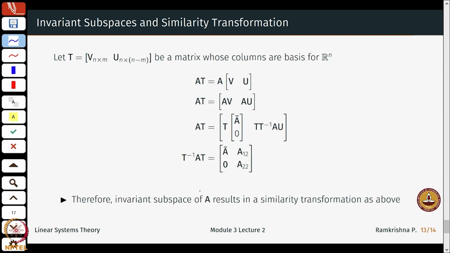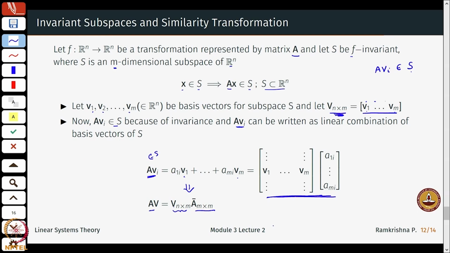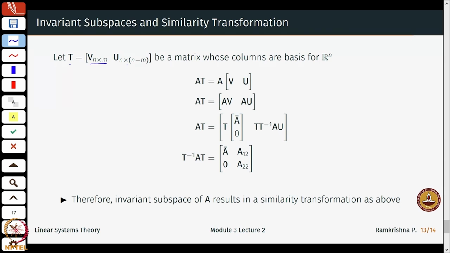Now, let me construct a matrix T whose first m columns are V1 till Vm, which form a basis for S. Let me write down some n minus m vectors, call them U1 till U(n minus m), in such a way that the matrix T has columns that form a basis for Rn.